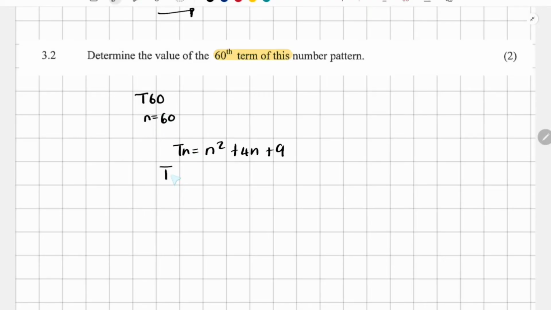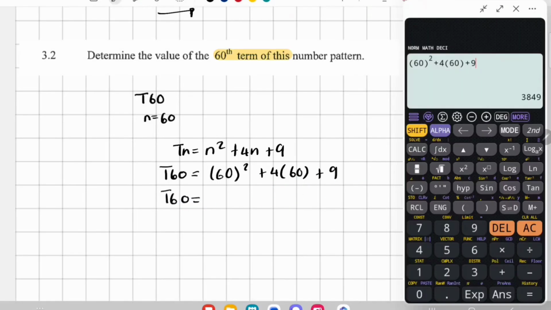So we're saying term 60, the 60th term, is equal to 60 all squared plus 4 times 60 and then plus 9. So T60 is equal to, let's just put this onto the calculator and see what we get. Okay, when we substitute 60, I get 3,849. So that is term 60. Okay, moving on to the next question.